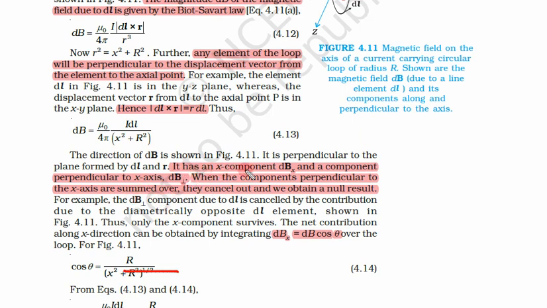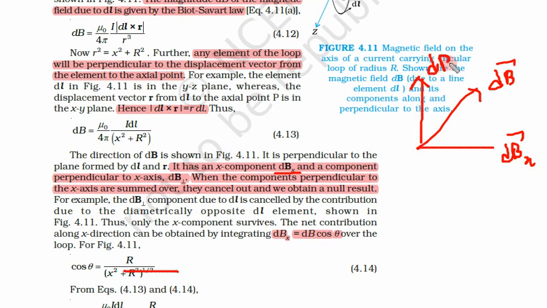It has an x component dBx. So dBx is the x component. So this was dB, and the x component dBx, and one y component. Y component is dB perpendicular. So this has these components, and a component perpendicular to the x-axis, which is dB perpendicular.